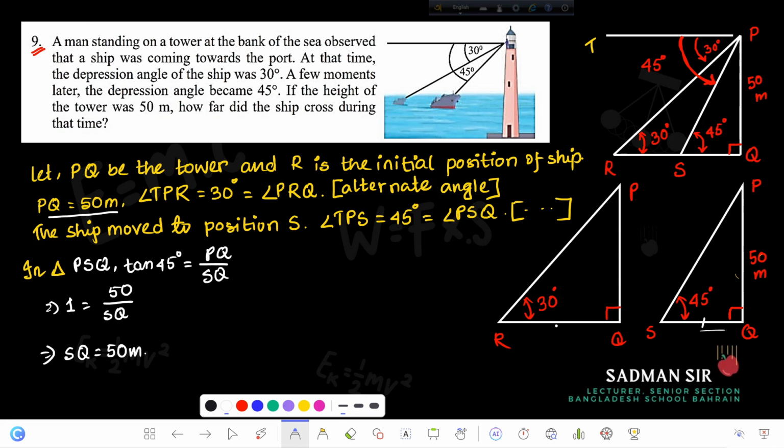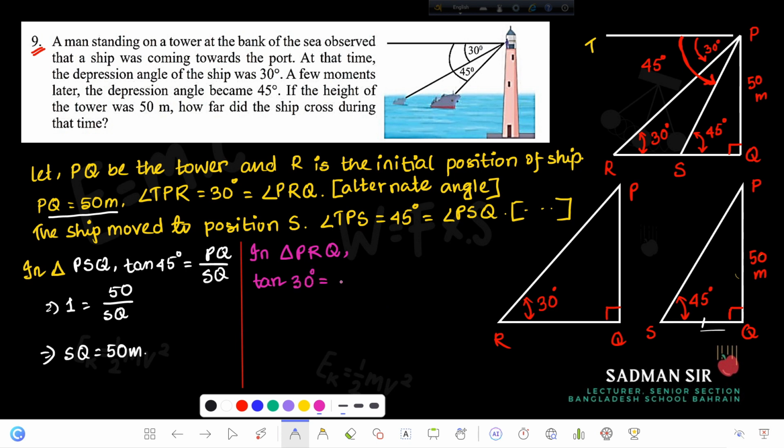We need to find out RQ now. So again we will apply tan theta in this triangle, now in this bigger triangle. Okay. So in triangle, now this triangle is PRQ. Tan, which angle? Tan 30 degree now.